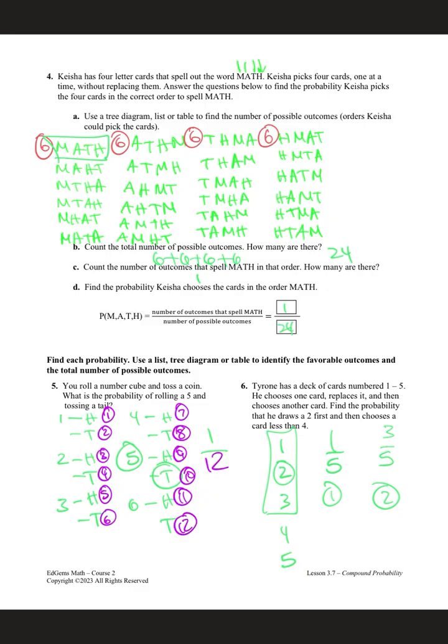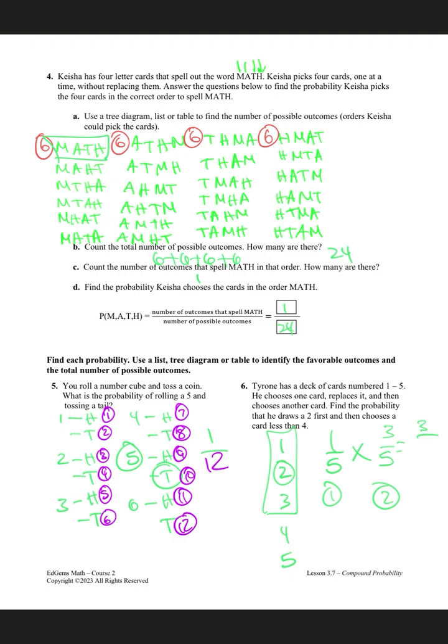So what's the total probability? You take the probability that he chose the 2, which is 1 out of 5, and you multiply that by the probability that he chooses a card that's less than 4, which is 3 out of 5. When you multiply fractions like this, you multiply straight across, numerator times numerator, so 1 times 3, that's 3.